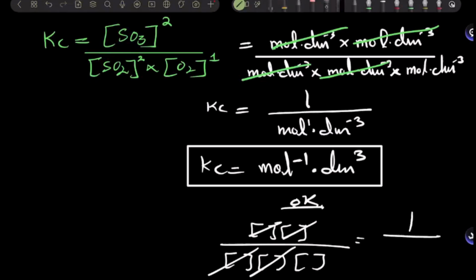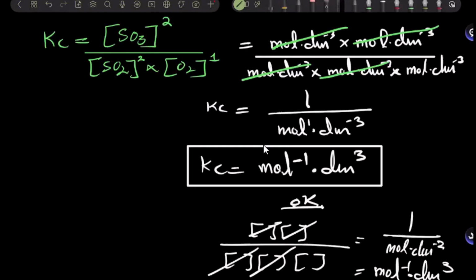It becomes 1 over a square bracket, right? And square bracket represents what? The unit of mole per dm cube. And then move it into the numerator. That will become mole minus 1 and dm plus 3. So this is the shortcut. Instead of wasting time writing mole per dm cube so many times, you can just do it with the square brackets. Are we clear?